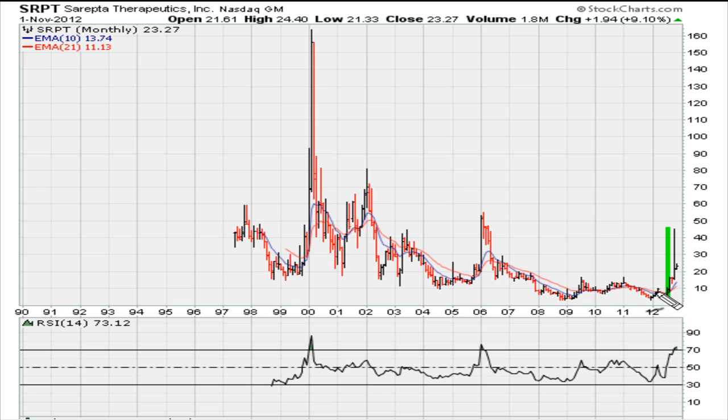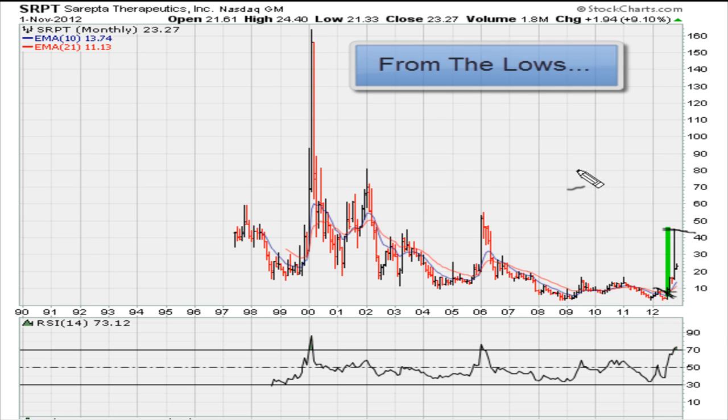Hold on, let me show you this. So if we say it broke out of that range there, the stock would jump from about $7 all the way to as high as $47 in that area. That's an amazing, you're talking about 8-fold return. So times 8.